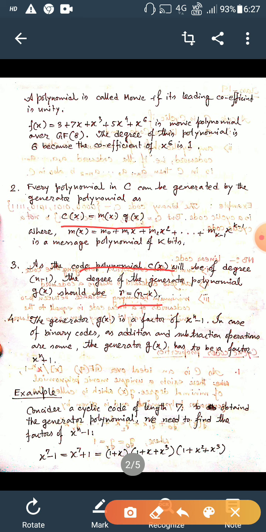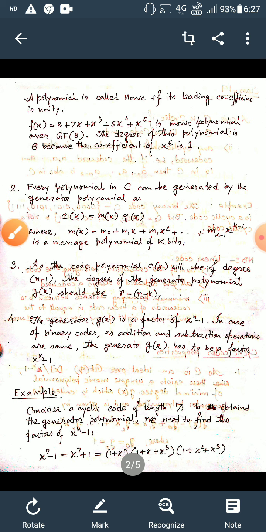That means the number of redundancy bits you have to record will define the generator polynomial degree. If you write it in this form, in this case 6 is the highest degree. If you write it in the form of g(x), the maximum degree for x will be n minus k.